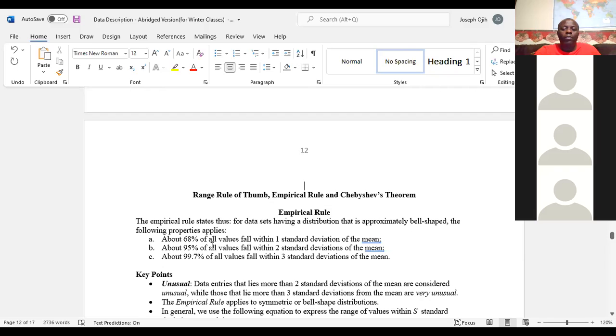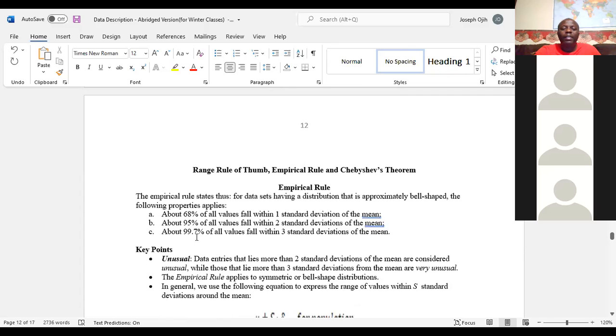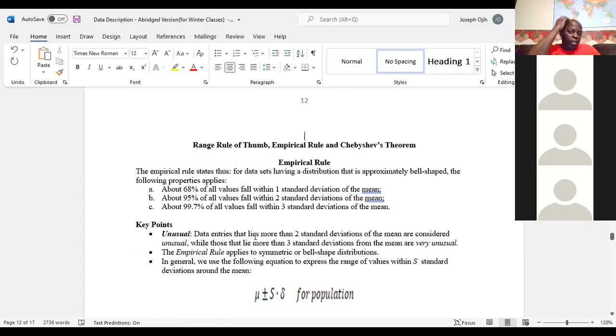About 68% of all values fall within one standard deviation of the mean. About 95% fall within 2 standard deviations of the mean. About 99.7% fall within 3 standard deviations of the mean. So these are set in stone, because this refers to a distribution that is bell-shaped.